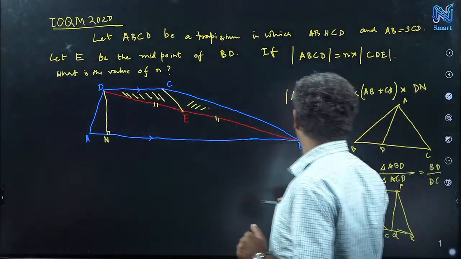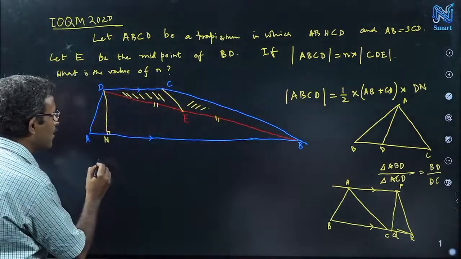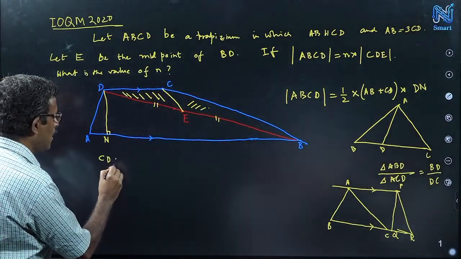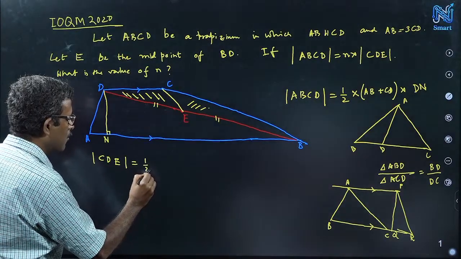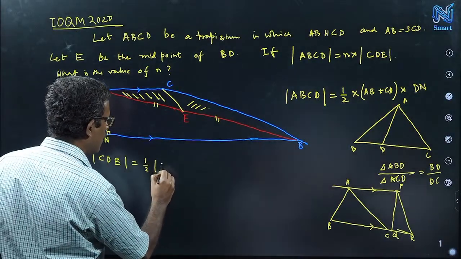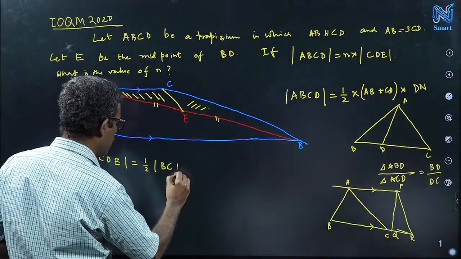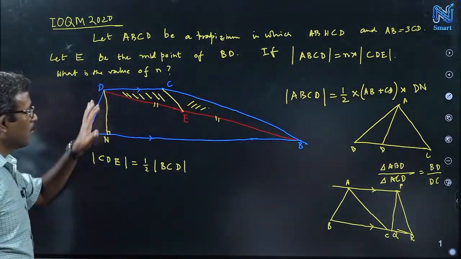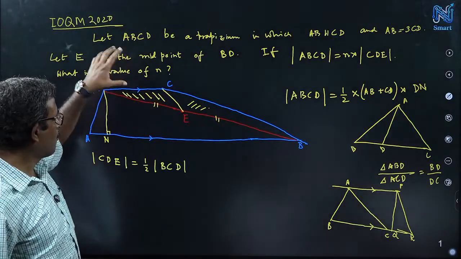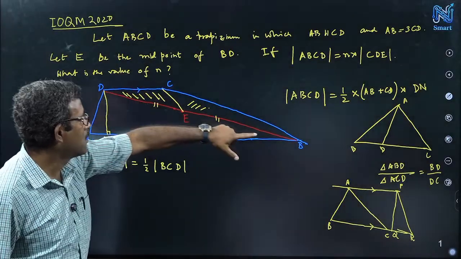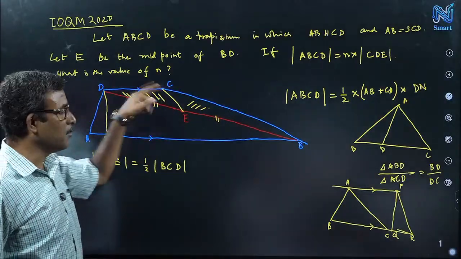That means the area of triangle CDE is half of the area of triangle BCD. So we lift this area to the bigger one. Now we have to find the relationship between BCD and ABCD.